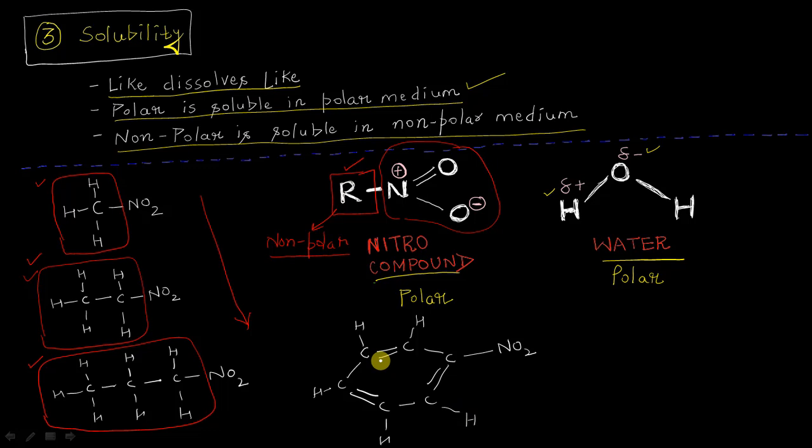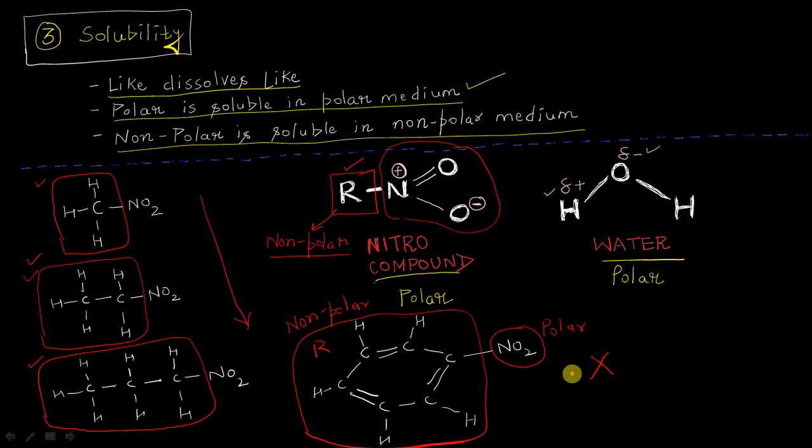Once again, because the R group here is made up of only carbon and hydrogen atoms, this large R group is actually non-polar in nature. So it is so big that this polar nitro group is very small as compared to this non-polar R group. This is the reason why the aromatic nitro compounds are not at all soluble in water.